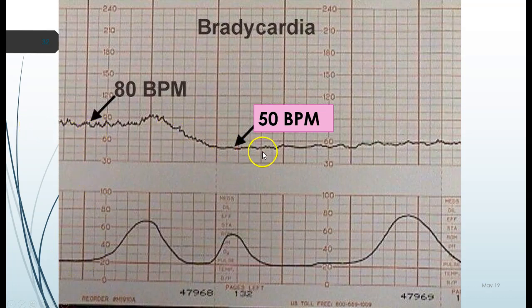But it takes a nosedive, and this is hanging out in the 50s. Occasionally, maybe 55 right there, 55 right there. But if we were to draw a straight line, the place it hangs out the most is at the 50 beats per minute. This kiddo's in trouble and he needs some help. And you're going to learn to know exactly what to do when you see this strip.